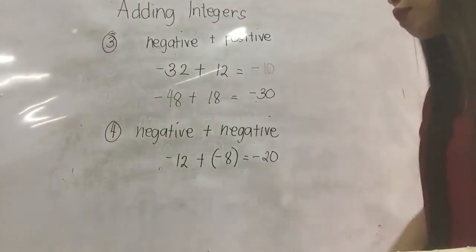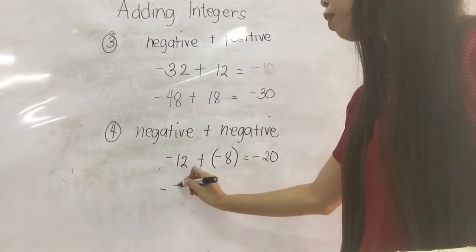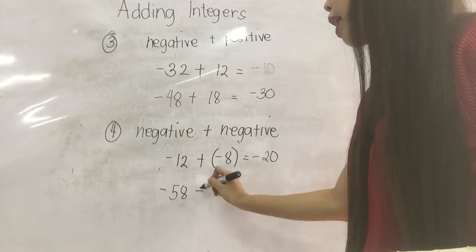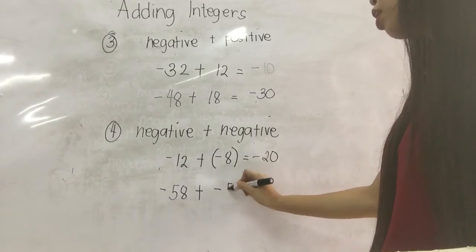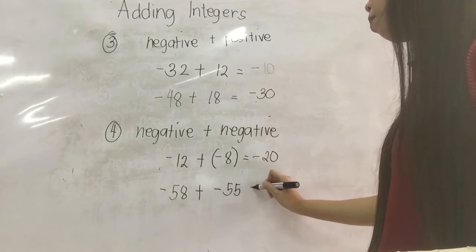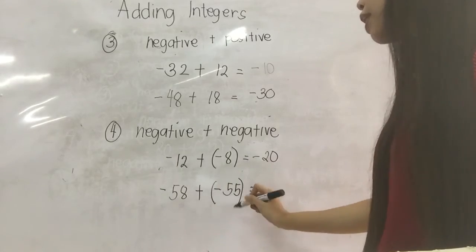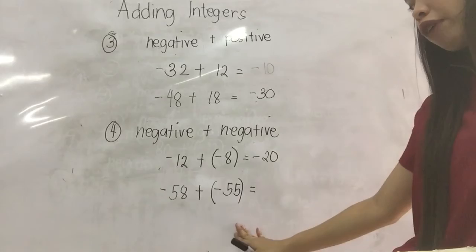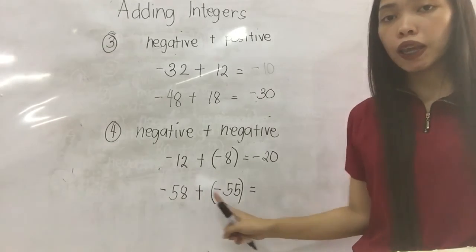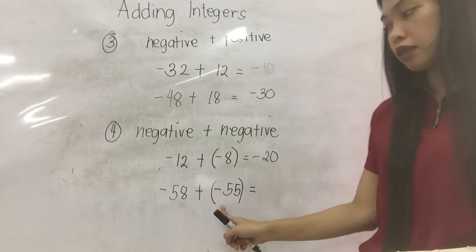Okay? Another example, negative 58 plus negative 55. I just put parentheses so we can identify the operation and the negative sign.